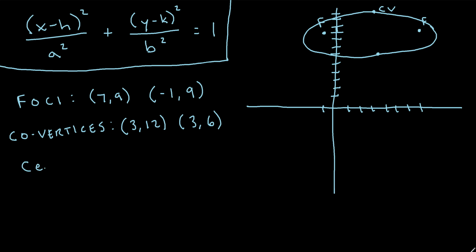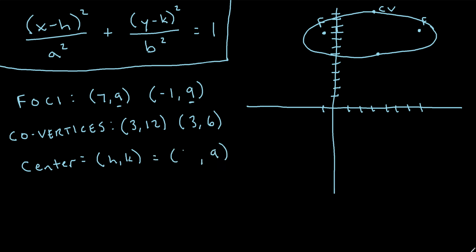So the center will have coordinates (h, k). In this example, the center of this ellipse will be directly in between the two foci. We can see that both foci have a y-coordinate of 9, so the center must also have a y-coordinate of 9.